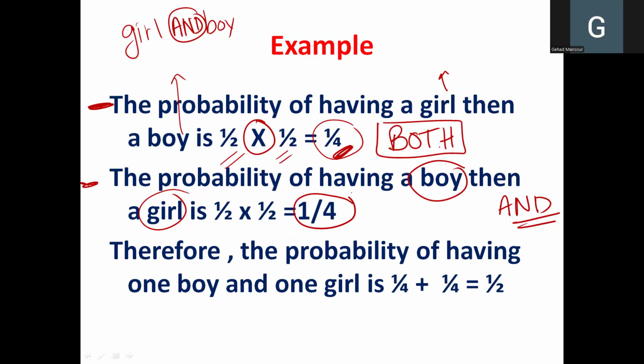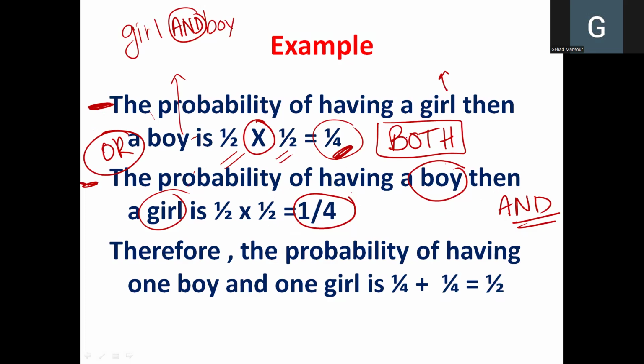Why? Because here we have the first probability or the second probability. So it's either the first arrangement or the second arrangement. And it is here where we used the "or".